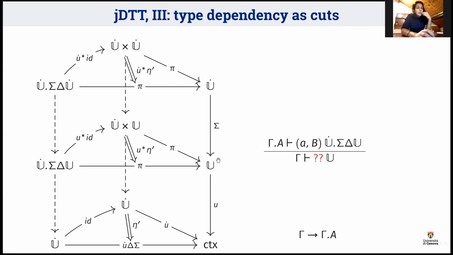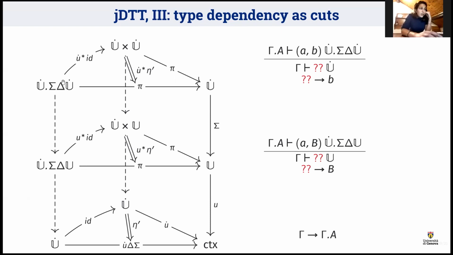And going through this, you get to something of kind u. Not only that, but this something of kind u is related to the B we started from through some map. And the same goes for the upper level. So if you have small a, small b, you go up here and then project, and you get something of kind u, and this something is related to B in such a sense.